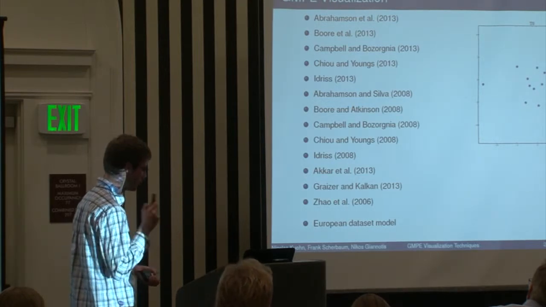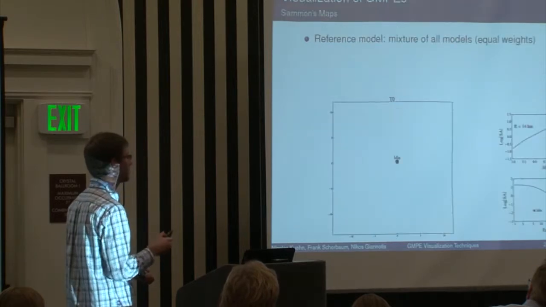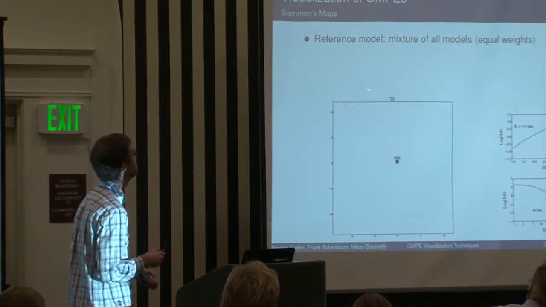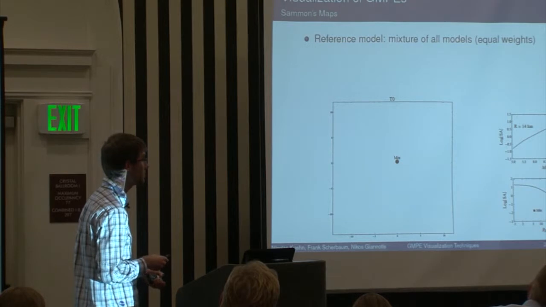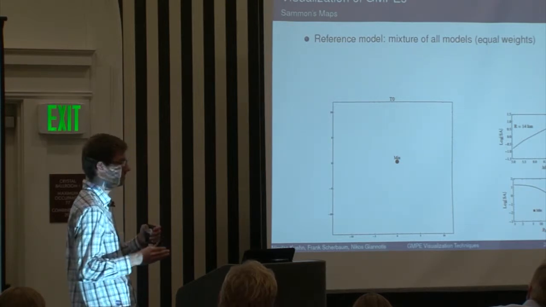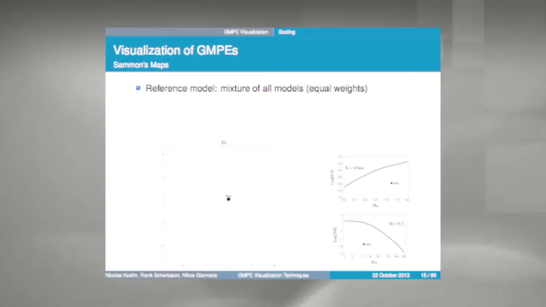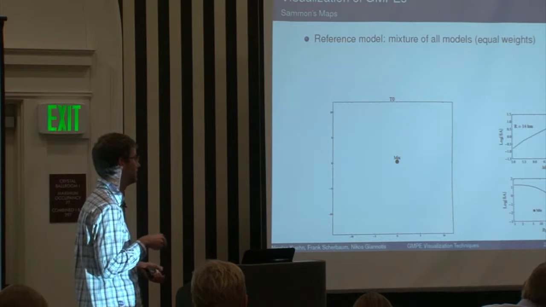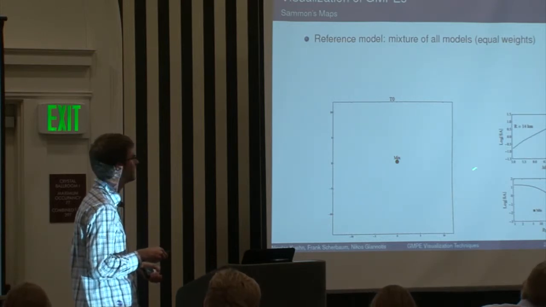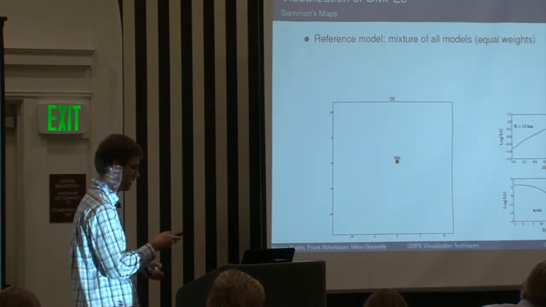Okay, so now we're going to try and interpret this. I put in a reference model, which is the mixture of all, in this case, 15 models, so this is just the average of all the models. Since it's the average, it gets plotted in the middle, and this is how magnitude and distance scaling looks like.